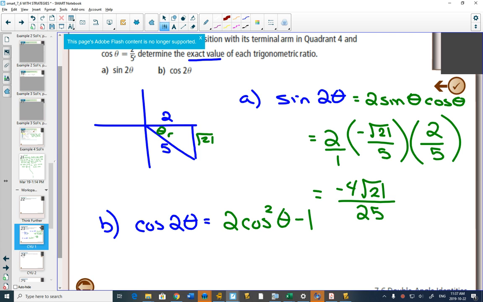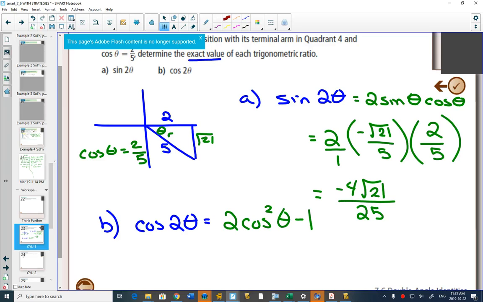The reason I would choose this one is, do you see the other 2 have sine squared in them? This is the only one with just cos squared. Cos of theta, which is 2/5, which helped us build this triangle, was given to us in the question.